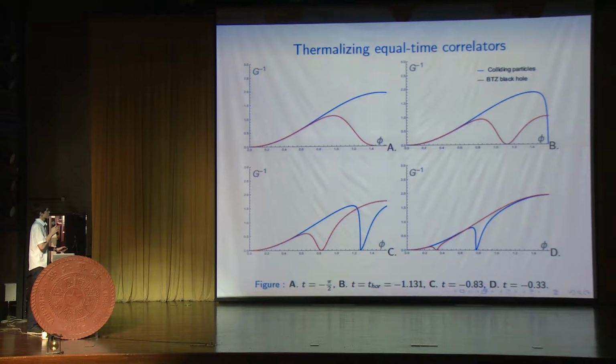So here I show some results. Here we plot the inverse equal time correlation function as a function of angular separation. The blue line is a correlator dual to the background with colliding particles, and the red line is a correlator dual to the BTZ background. This first plot is when particles start moving, so there is no agreement.